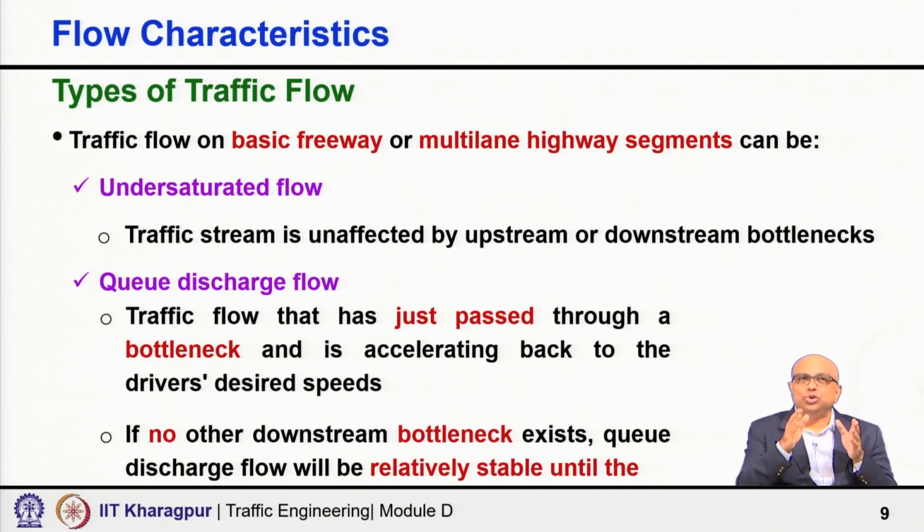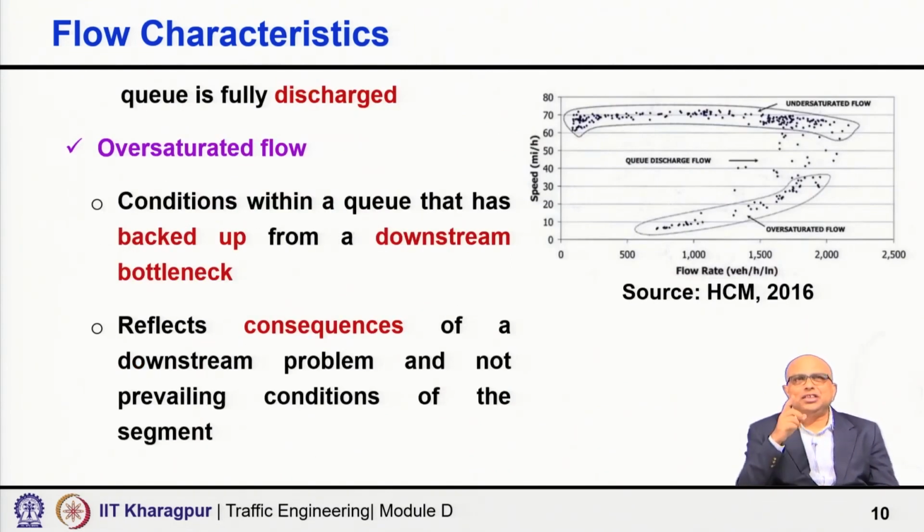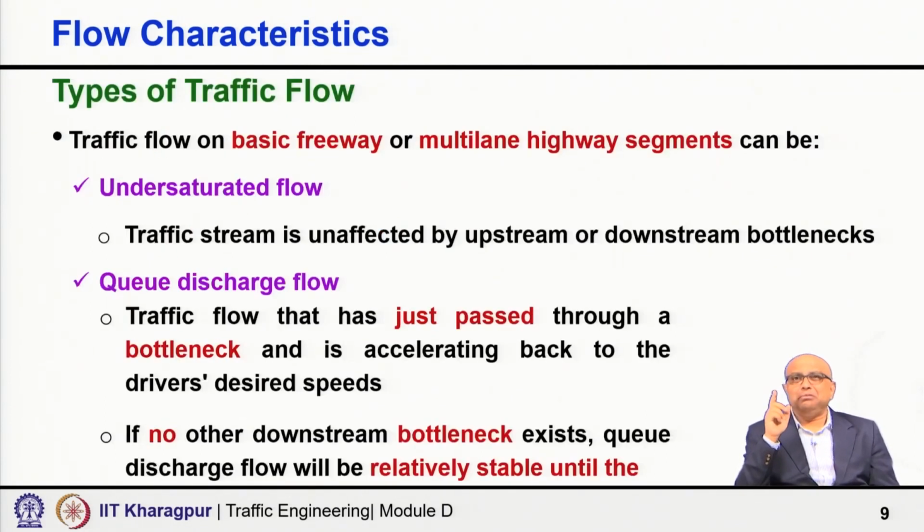The bottleneck is actually in the upstream, but when there is no downstream bottleneck as well, then the queue discharge flow will be relatively stable until the queue is fully discharged. Now, I have discussed this on earlier occasions.